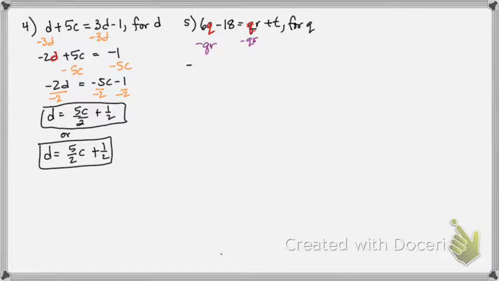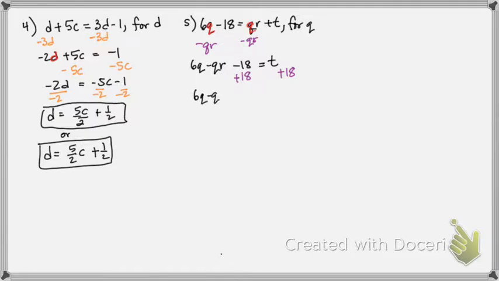And that gives me, I like to put the positive in front, 6q minus qr minus 18 is equal to t. And you're like, well, that's kind of cool, you got t all alone, but that's not what it asks you to do. So I can go ahead and get the 18 on the other side by adding it to both sides, inverse operations.